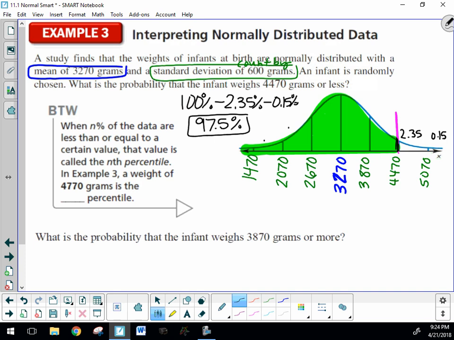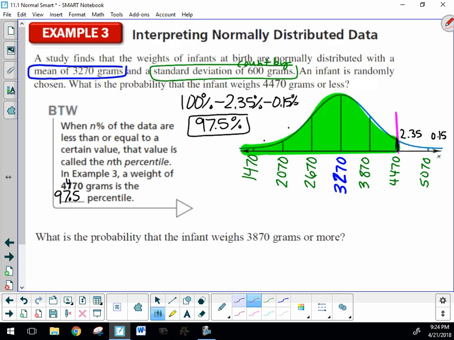So, if a baby was born and it weighed 4,470 grams, that baby would be in the 97.5 percentile for weight. So percentiles come up in your homework a little bit. So just remember that percentiles mean that that's the percent that is less than that value.